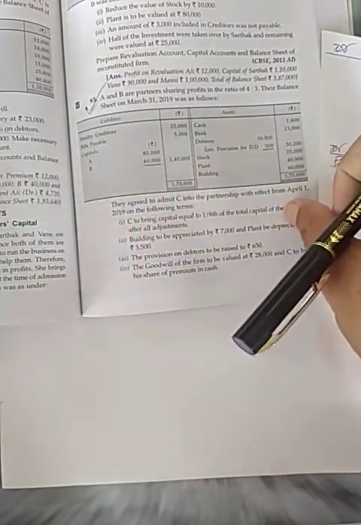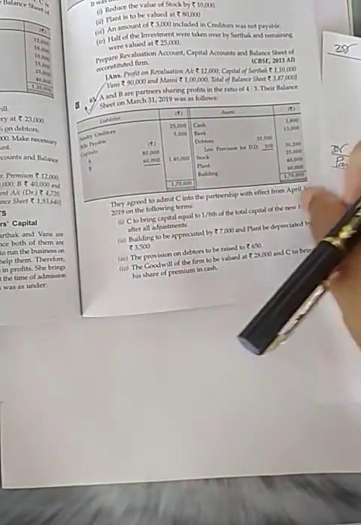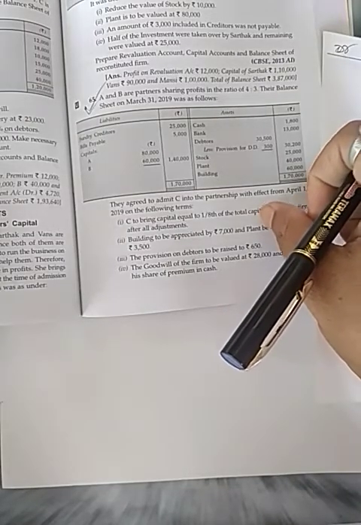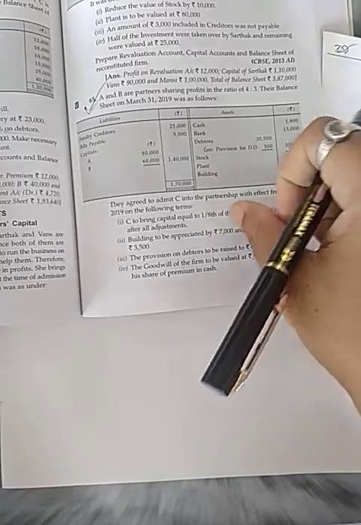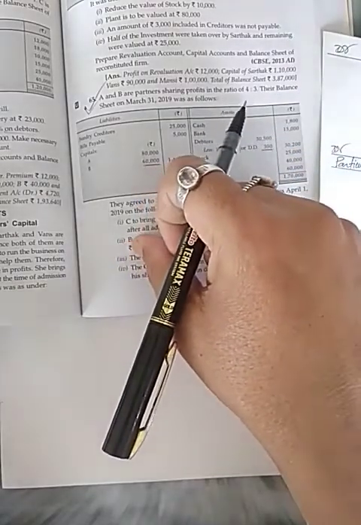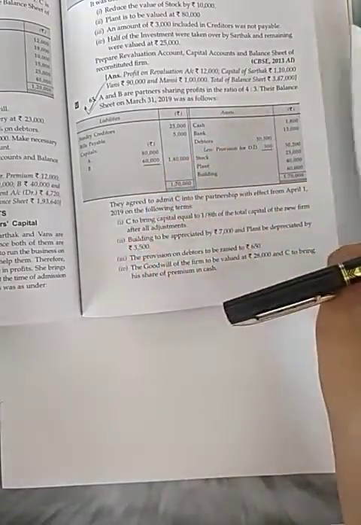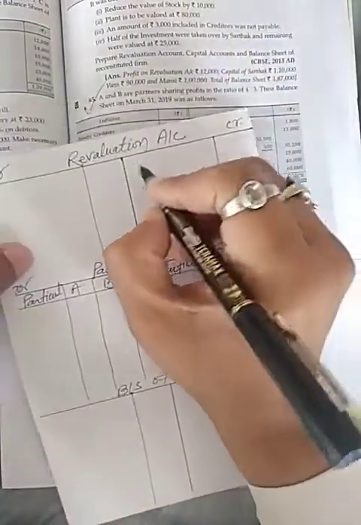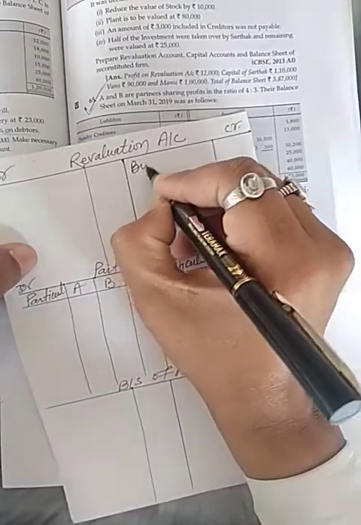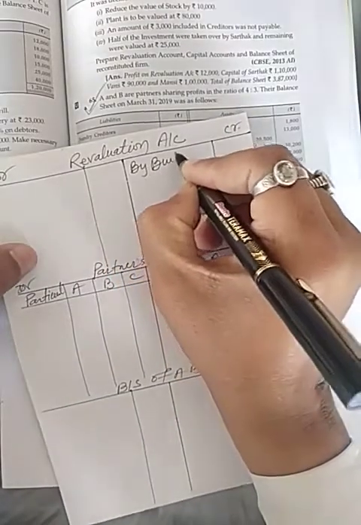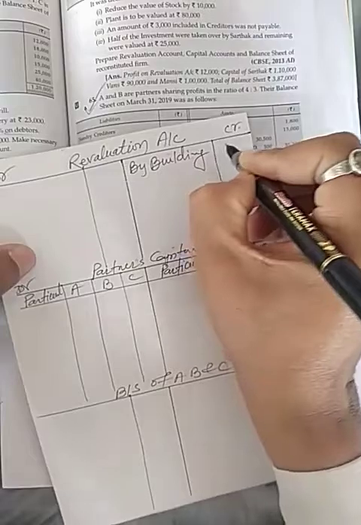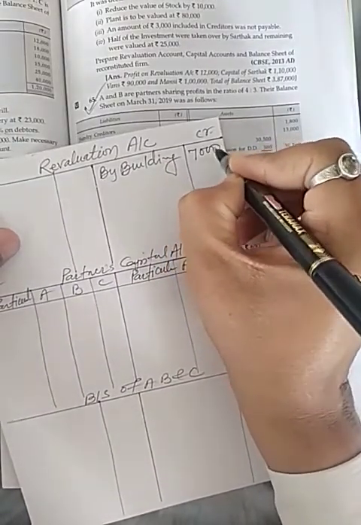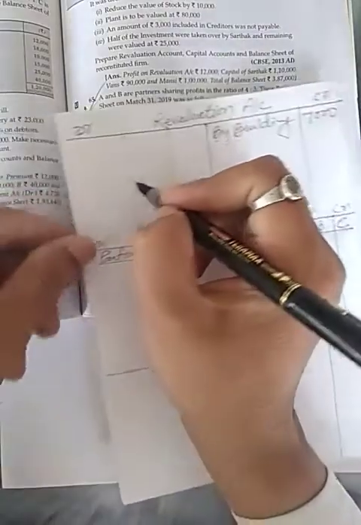First point I will calculate after preparation of capital account, and next point is building to be appreciated by 7,000. So I will transfer building by building rupees 7,000 in credit side.